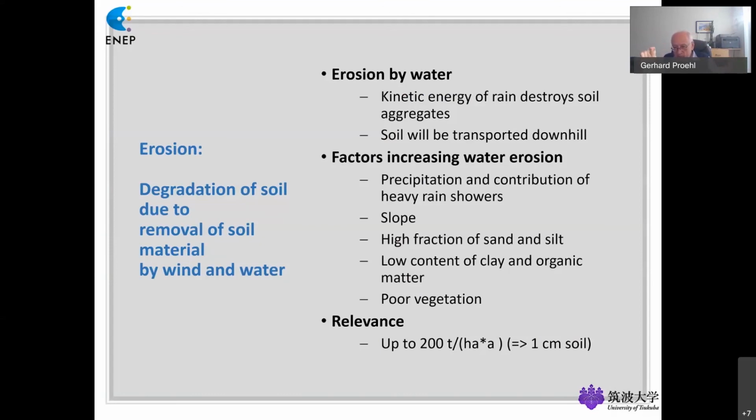This is equivalent to 1 centimeter of soil. This is a pretty high value. However, if you look at waste disposal, we look at very long time frames. So erosion may be really a relevant loss process.